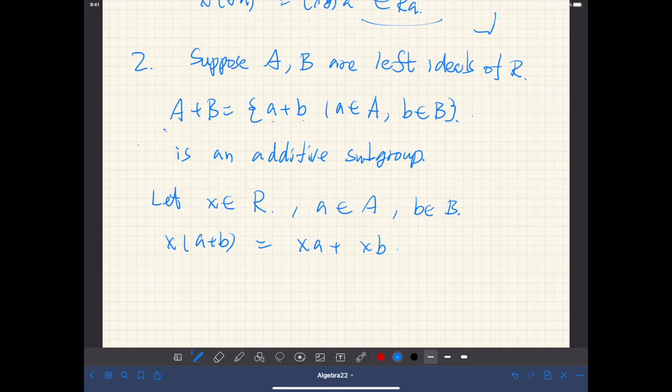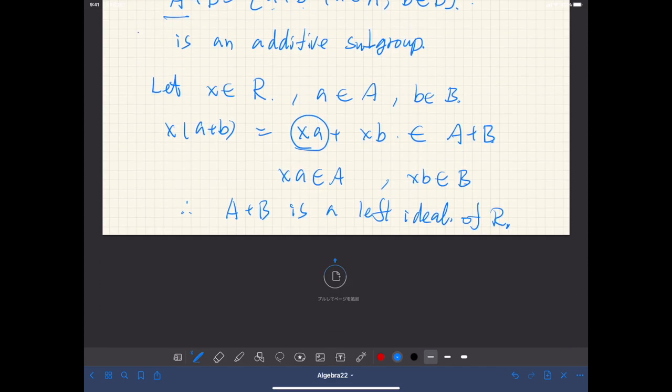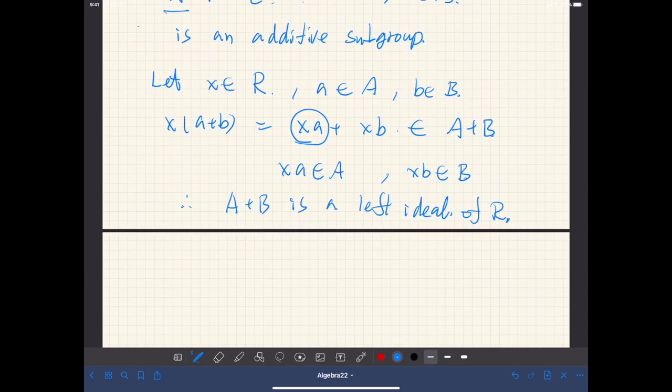But since A and B are left ideals, xa belongs to A and xb belongs to B. Therefore, this belongs to A plus B. Therefore, A plus B is a left ideal of R. And we skip the proof of part 3.